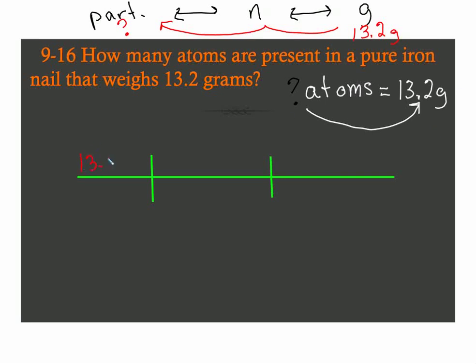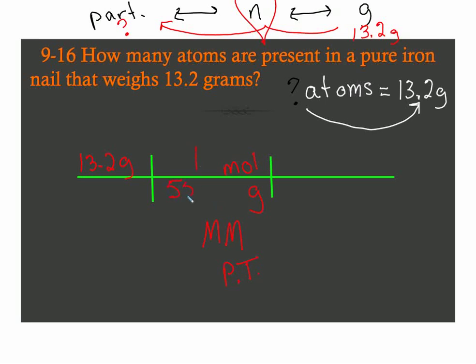Now, we'll start with our given. We have 13.2 grams. We want to get rid of grams and go to moles. We always want to hit that heart of chemistry. Mass to moles use molar mass. We get the molar mass from the periodic table.